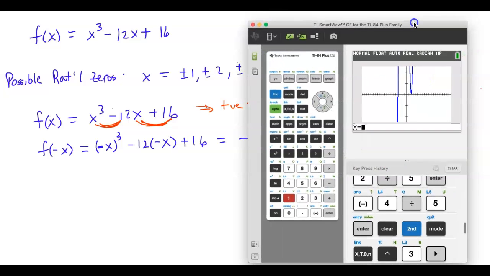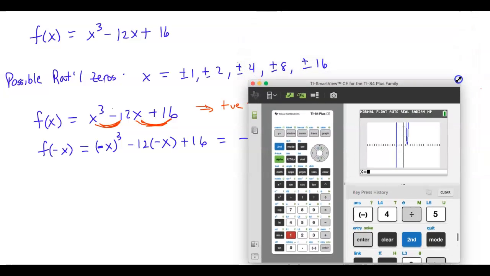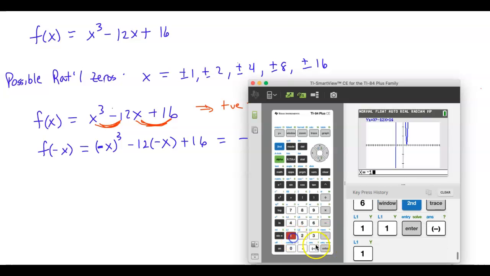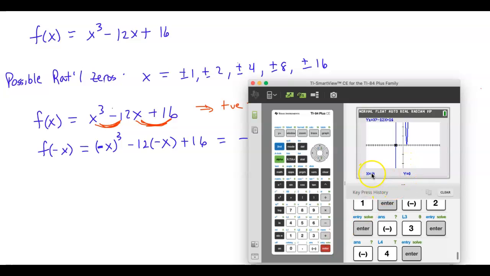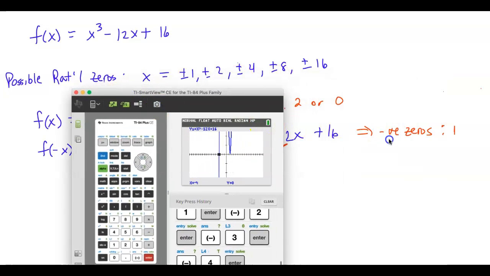If I run through the list, -1, -2, -3, -4. So once I find that I have -4 as a zero, I don't have to try -8 and -16, because I know, according to Descartes' rule of signs, I only have one negative zero, and I just found it.